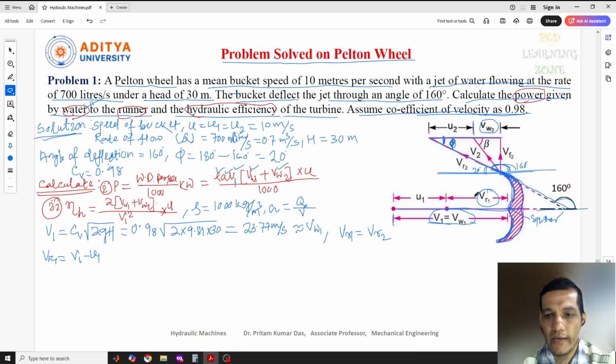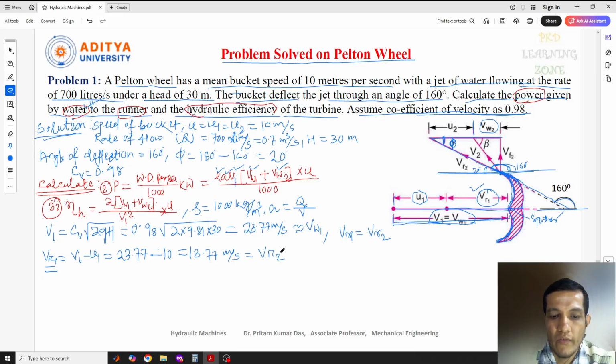This is the V1 value, the total velocity, minus U1, the blade velocity, and I'll get the relative velocity VR1, because both values are with us. V1 we already calculated as 23.77, minus 10, equals 13.77 meter per second. This is VR1, which is nothing but VR2. So VR2 also has this value.